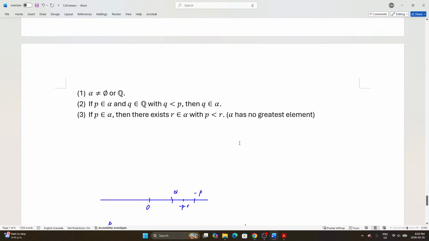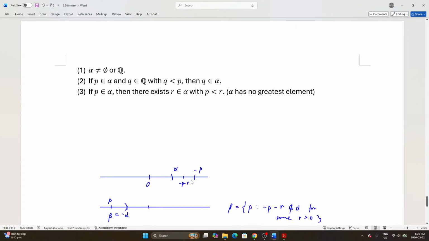So let's take a look at the picture again. How do we construct an element in beta? We need something that is not in alpha. Let's take something that is not in alpha, which of course exists, since alpha is not the whole rationals.